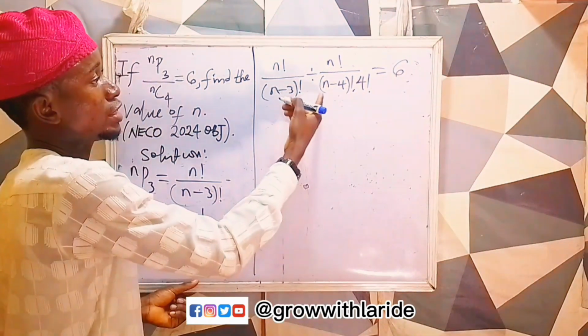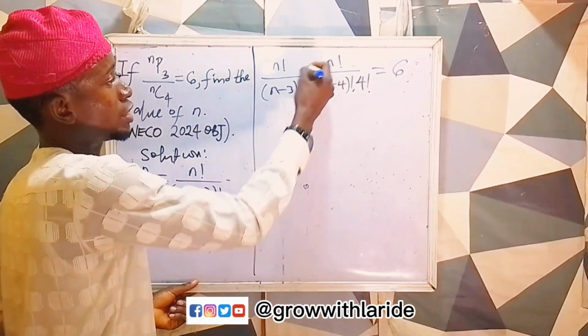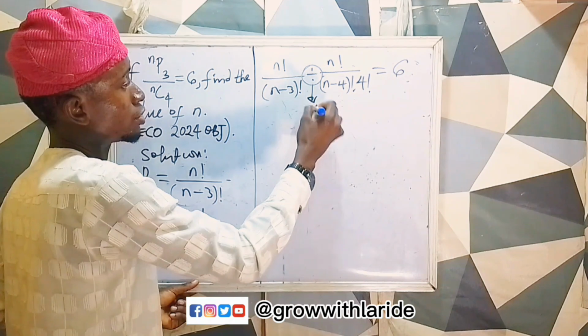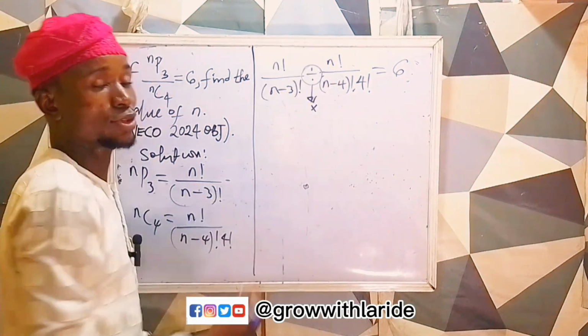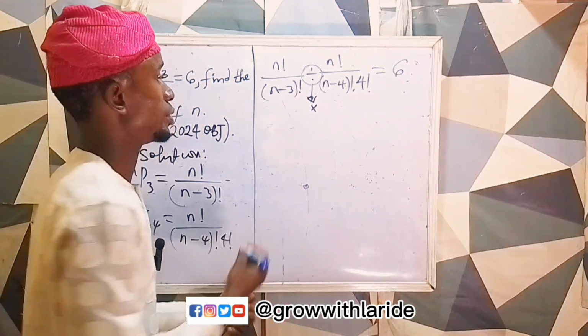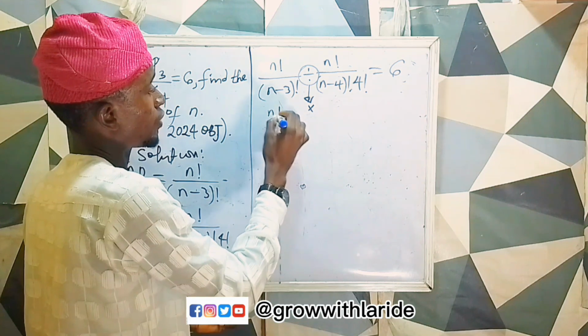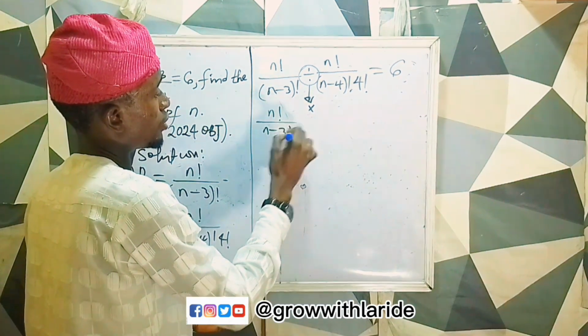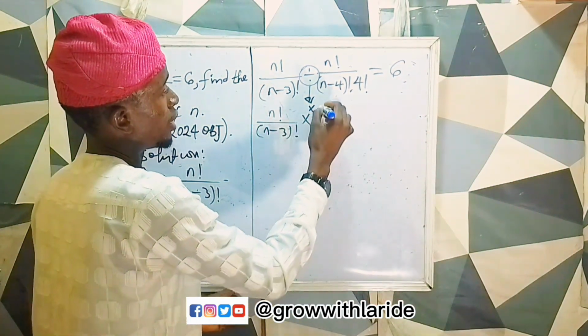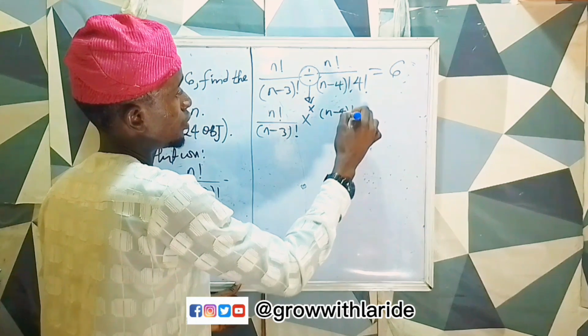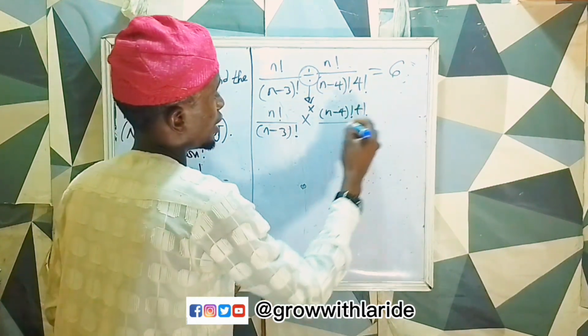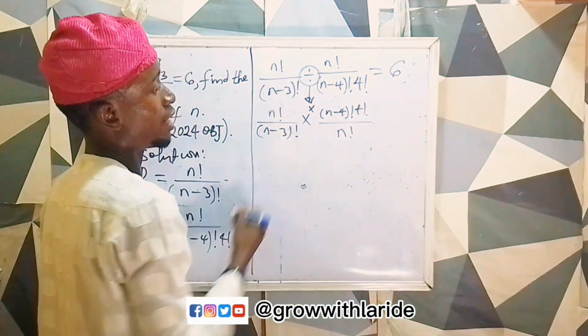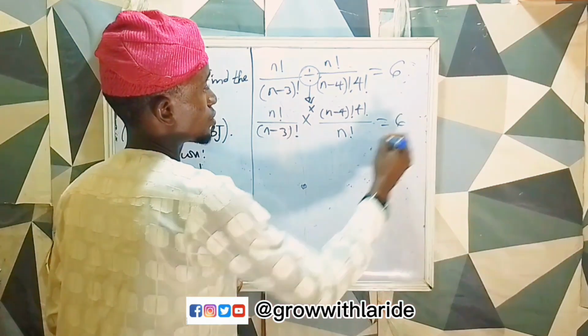So we can change this to the reciprocal, then the sign will change to multiplication. The denominator becomes numerator and numerator becomes denominator. So we have n factorial over n minus 3 factorial, multiplied by n minus 4 factorial times 4 factorial, divided by n factorial. Everything equals 6.